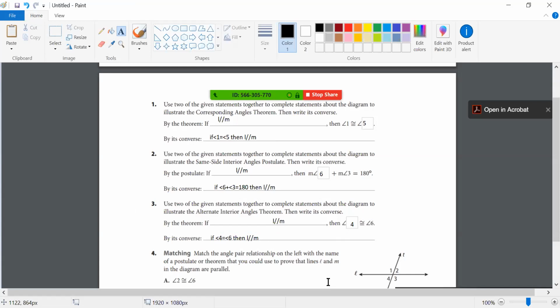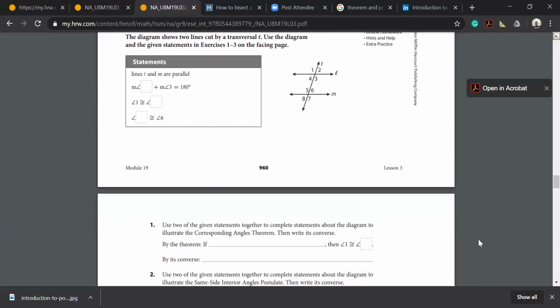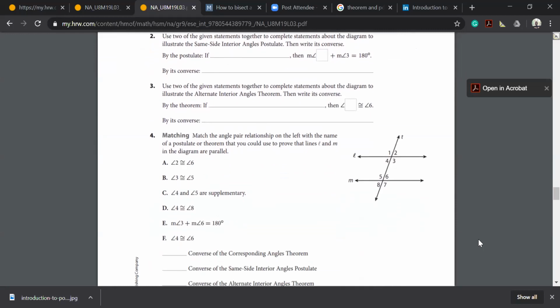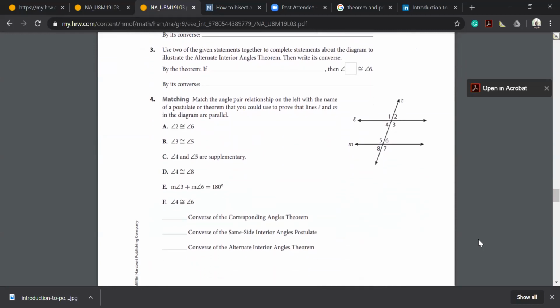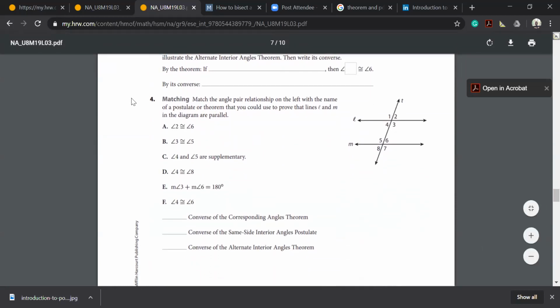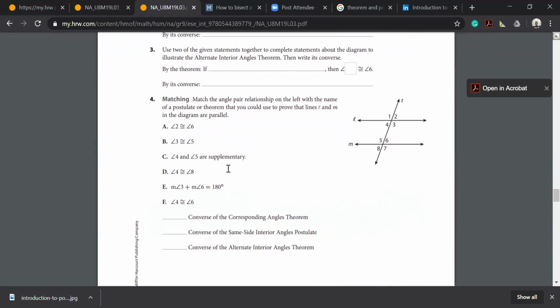Okay, let's go back to our book. So we did 1, 2, and 3. Number 4 was for you to do as well. I think it was very, very easy.